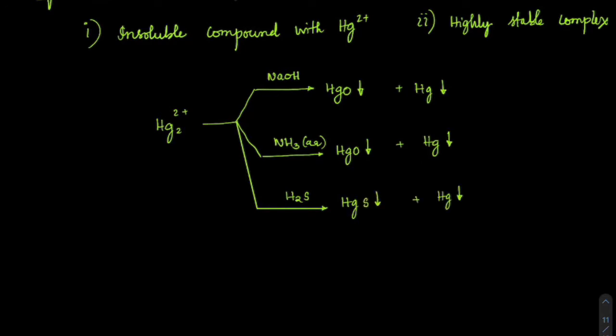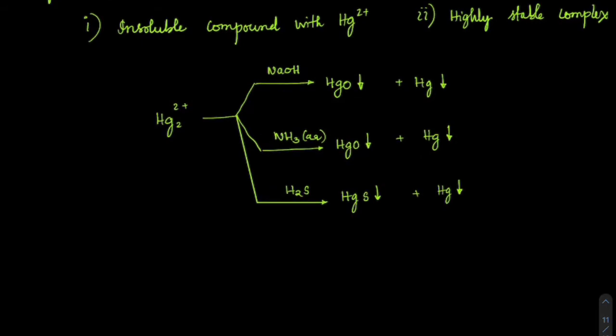Got it? What happens here? See, mercury is actually gray color, right? And when you have some other precipitate, most of the time it will make the solution black. Got it? So solution appears black or grayish black, if at all I say. Okay, is that clear, beta?